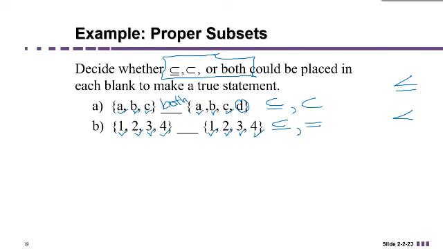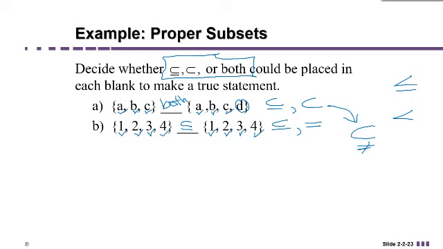And you can't have a proper subset if the two sets are equal. So the only one that would work would be the subset symbol. Okay? Subset includes the possibility of equal to. We could use equals, but remember that wasn't an option. So you can even think of the proper subset as this.